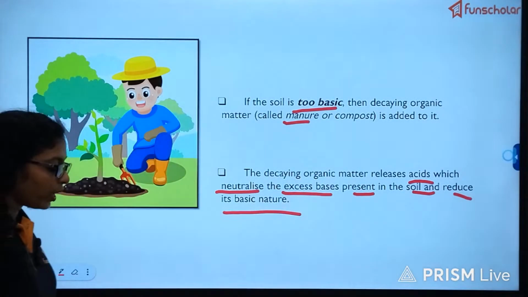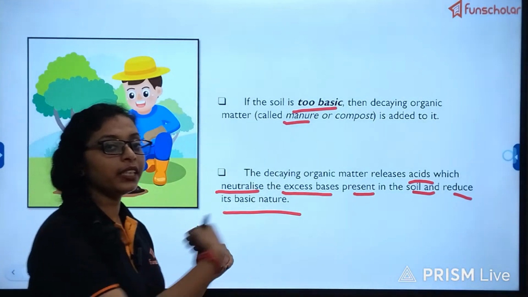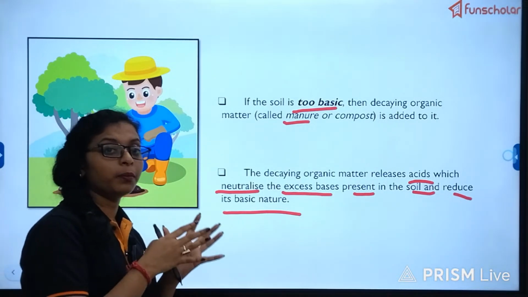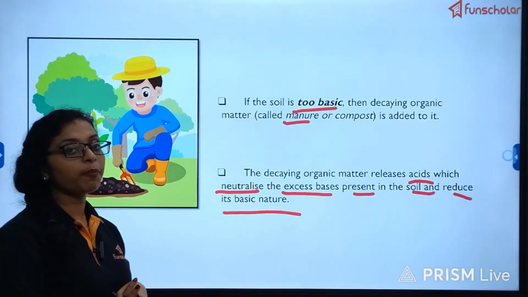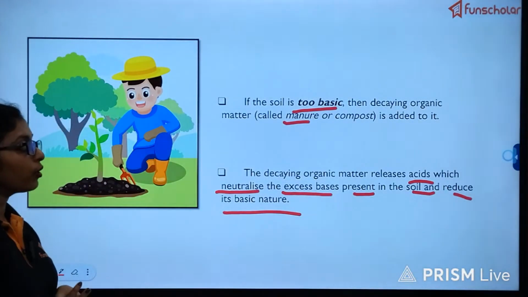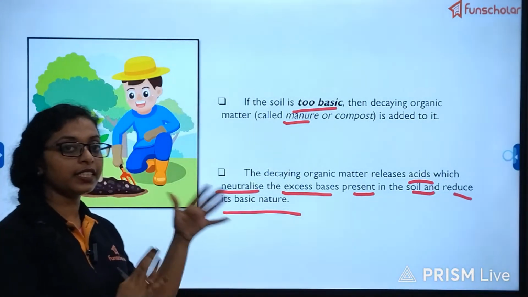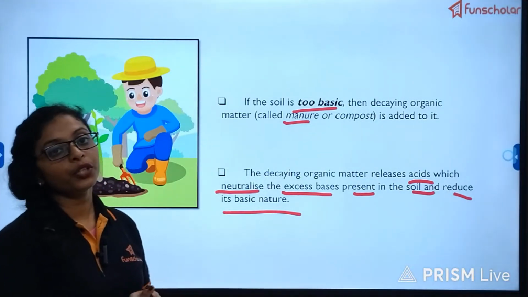So here we are solving the problem by using different chemical components and initiating the neutralization reaction. Which particular chemical compound we use depends on whether the soil is too acidic or too basic.